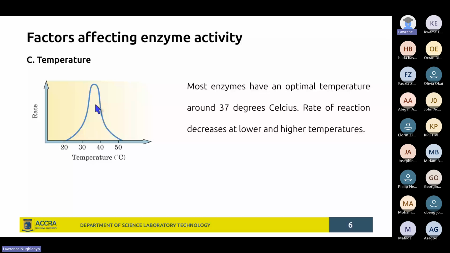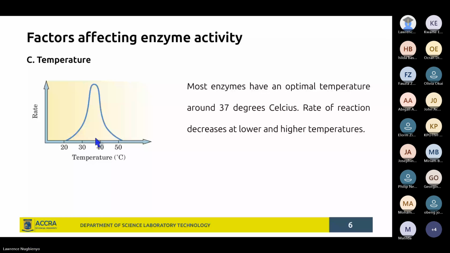Now, when temperature increases, what happens? Why do we see that the rate of reaction reduces with increase of temperature? You remember that we did see that enzymes were mostly proteins, and some enzymes are RNAs, some catalytic RNAs, which are involved in nucleic acid processing.